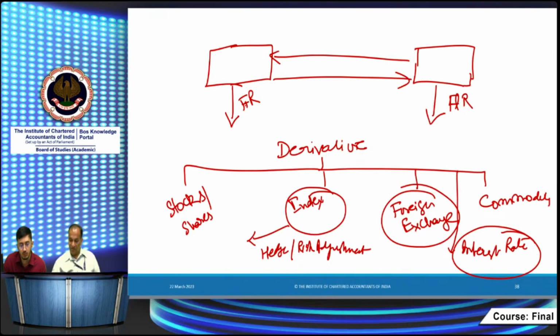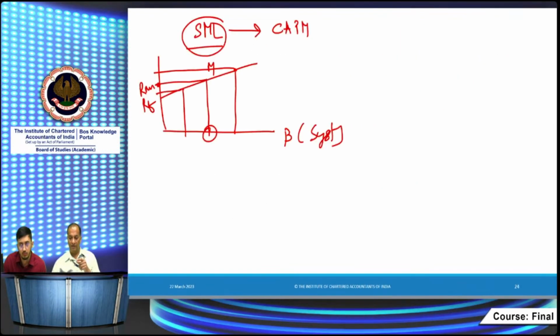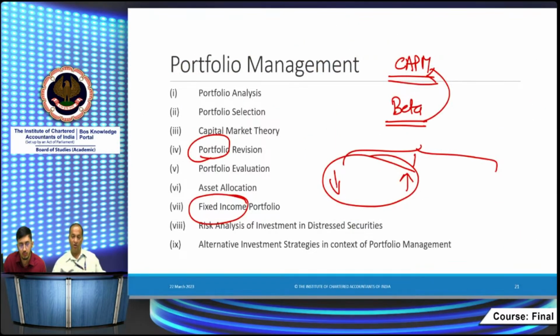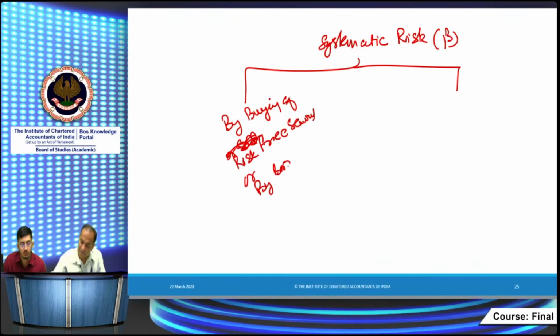Now here, students, I just want to link this topic. When we talk about portfolio management, if we want to adjust our systematic risk, that is beta, it can be done in two ways: by buying risk free securities, or by borrowing money and investing in risky securities.